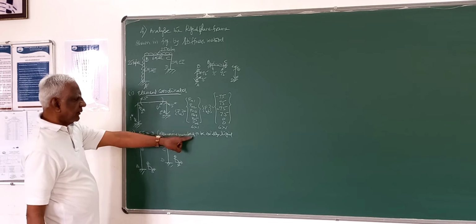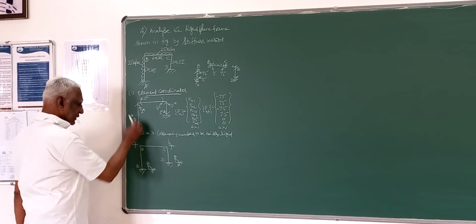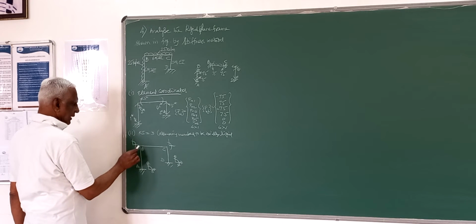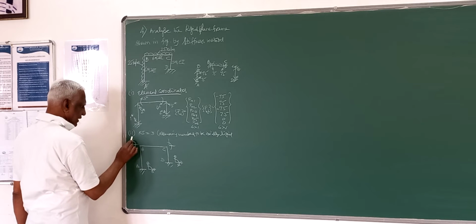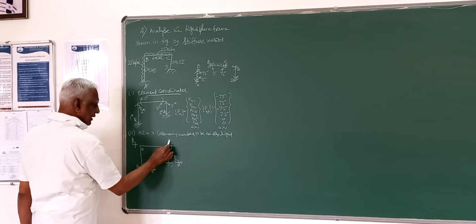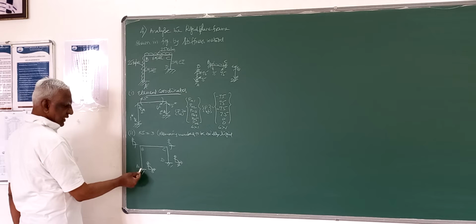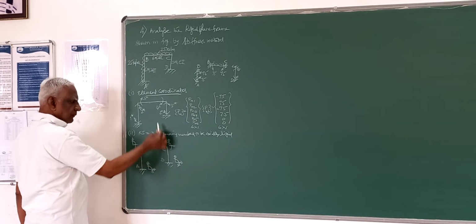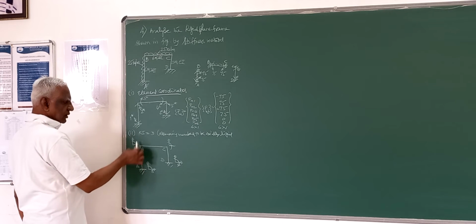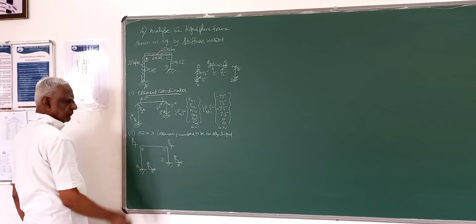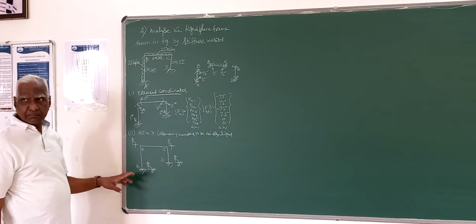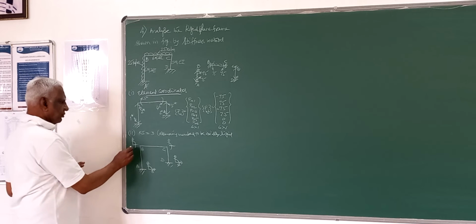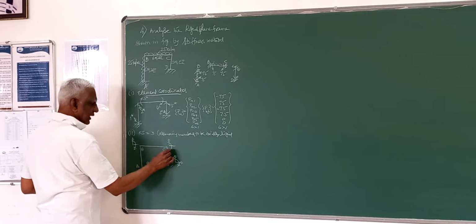Then, since we are assuming members to be axially rigid, the vertical displacement at the ends is not possible. Here it is not possible, and here also it is not possible, because this end is fixed and this end is fixed. And of course, rotations are there.